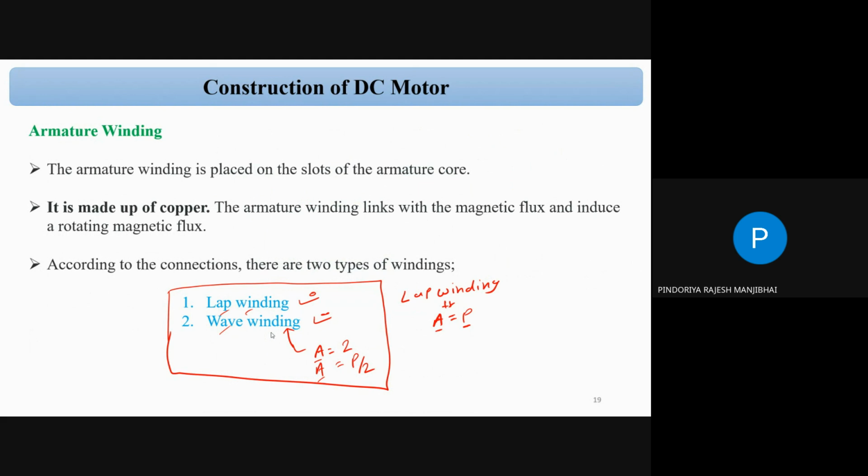So depending on the application, we can make the construction of the commutator as well as the brushes. The role of the brush is to collect the current from the commutator, because the commutator produces a positive half cycle and a negative half cycle, so there is a change in direction. The brushes have to collect the current from the commutator.